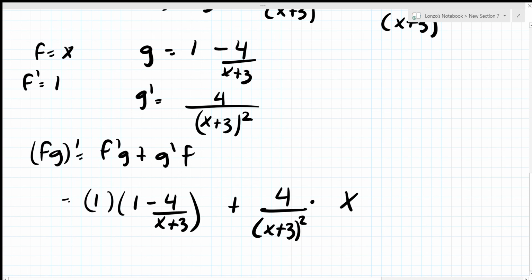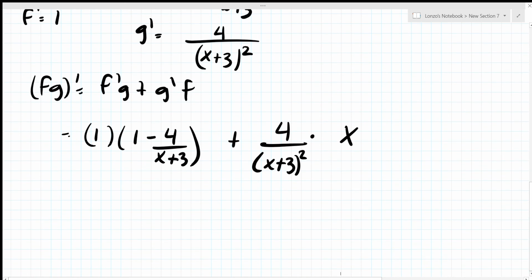So we gotta clean it up again. So this is just 1.